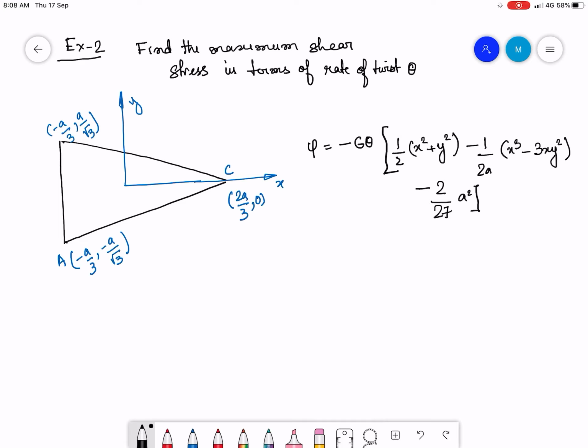So if this is the stress function, let us find out the expression for the shear stresses.